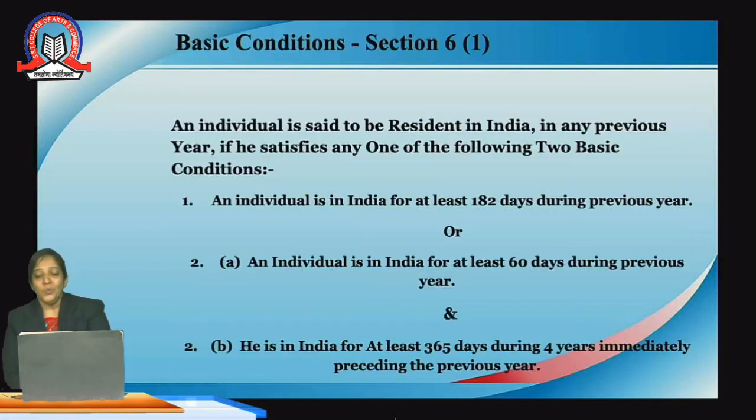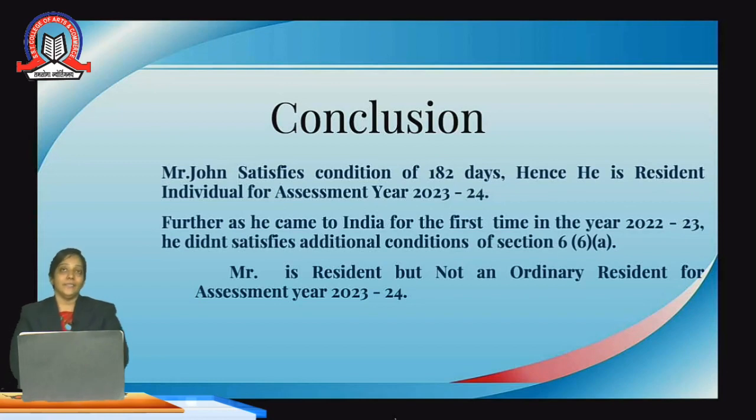So as per this 217, we can see that Mr. John is able to satisfy the first condition of 182 days. So that means Mr. John is a resident individual for the previous year 22-23. Further, if any individual is a resident, then we also have to apply the additional conditions of section 6 subsection 6 clause A. Here we can see there was a hint given in the question that Mr. John came to India for the first time.